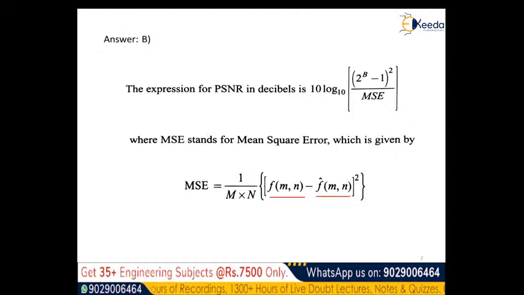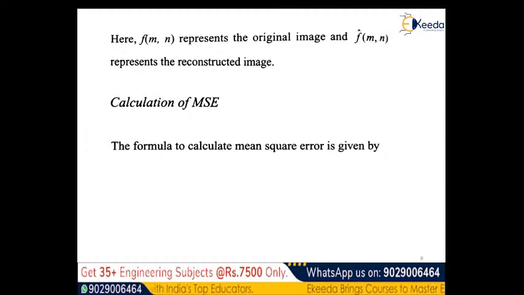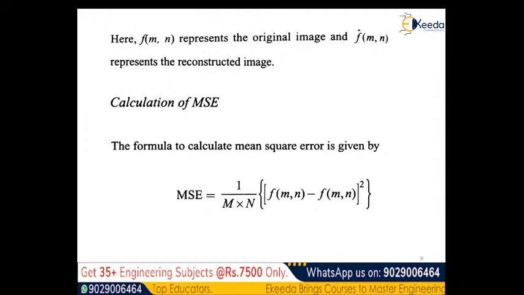I have already explained what f of m n and f cap of m n are. So now we calculate the mean square error, the MSE, making use of this formula.